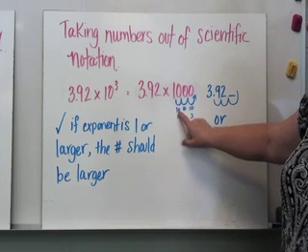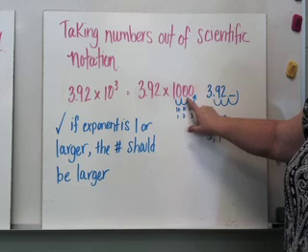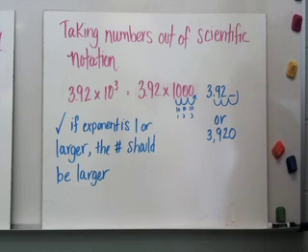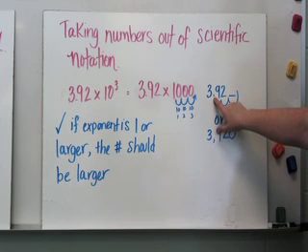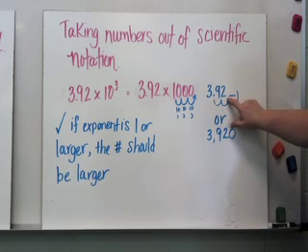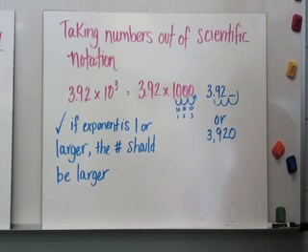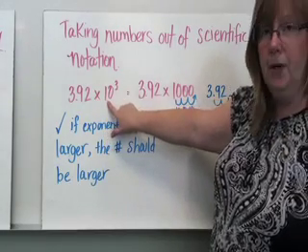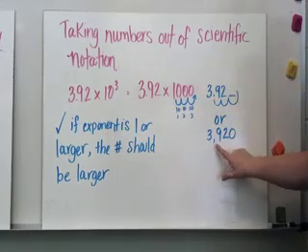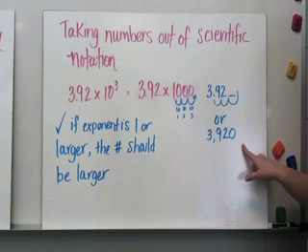So look here. We've got 1 place, 2 places, 3 places. We want to move that decimal place 3 places to the right: 1, 2, 3. And you just fill a 0 in the blank. So this number, 3.92 times 10 to the 3rd, is 3,920.